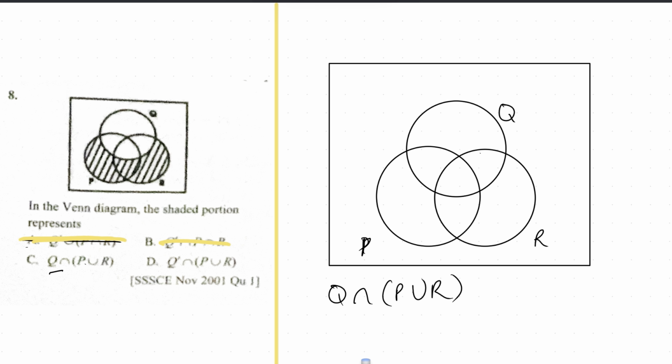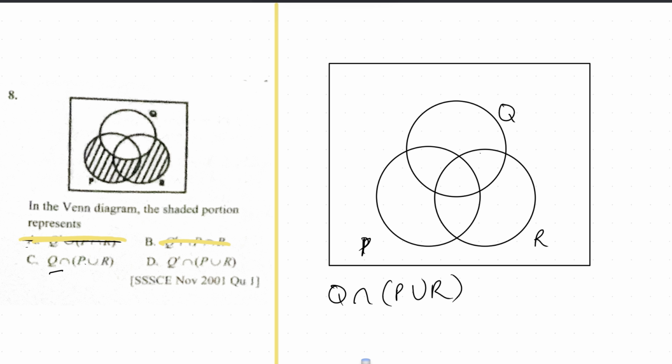P union R means everything in these two circles. So everything here falls into this. Then you need to find the intersection with Q. So what is in Q and also in this union, right?